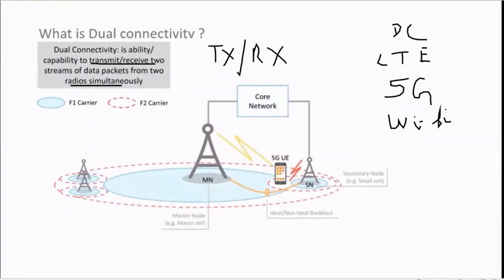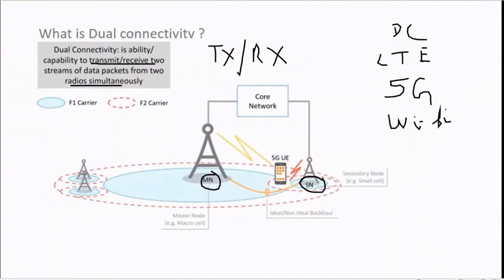If 5G is connected with Wi-Fi, that is also called dual connectivity. So you can see in the figure two terms. One is MN and one is SN. So what is MN? MN is the master node. And what is SN? SN is the secondary node.